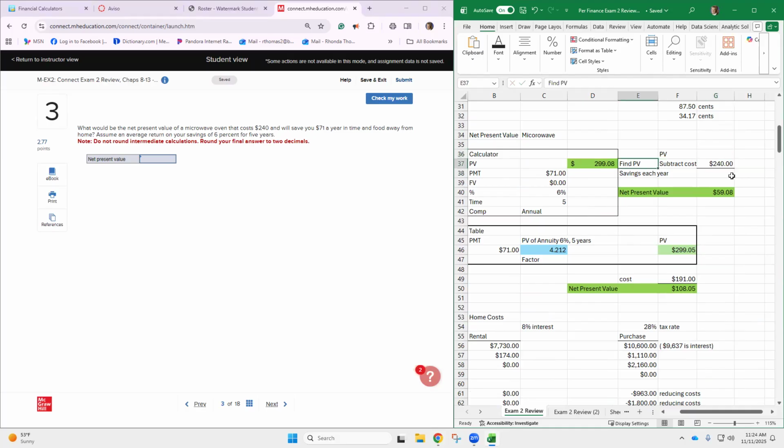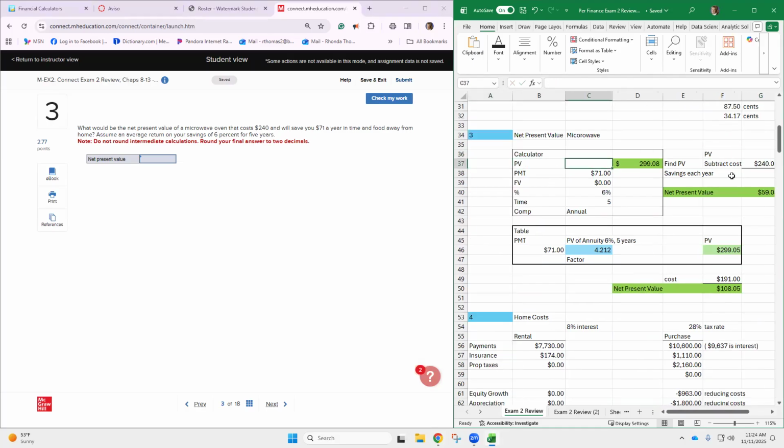And then let's go ahead and solve for the present value. So when we look at this, we're saving $71 a year. We have an interest rate of 6%, and we're looking at it 5 years into the future, 5 years, okay?